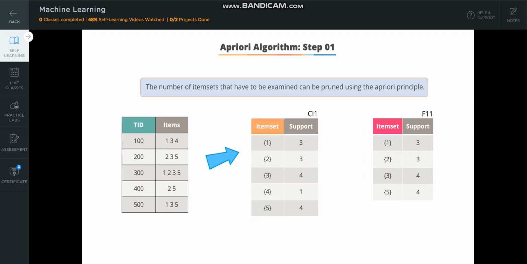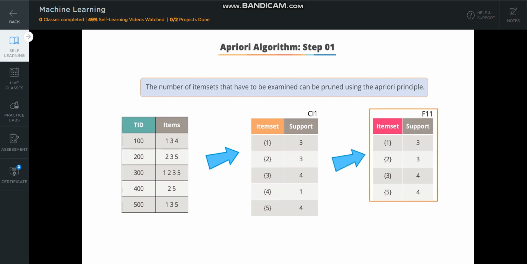Scan the transaction database to get the support S of each one item set. Compare S with min sup and get support for one item sets. Let's assume the support value is 2. Create the item sets of size 1. Calculate their support values. As you can see here, item 4 has a support value of 1, which is less than the minimum support value, so we are going to discard 4 in the upcoming iterations.